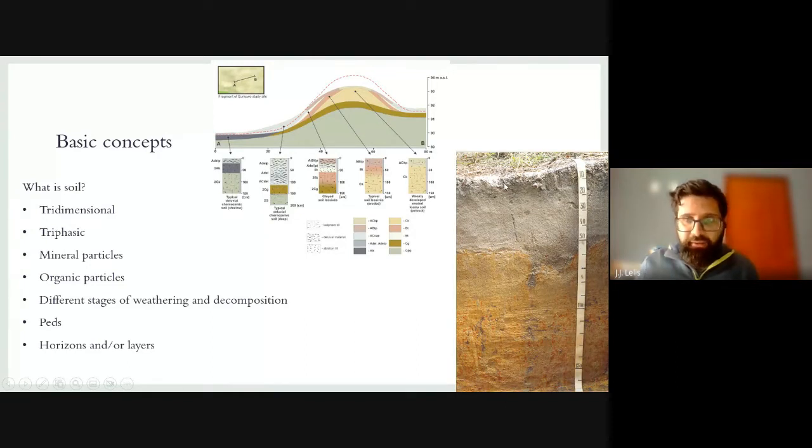Here we can understand that soil varies vertically, horizontally, and according to altitude. In this picture, some horizons can be thicker or can disappear. We can identify new horizons, so they change across the landscape.